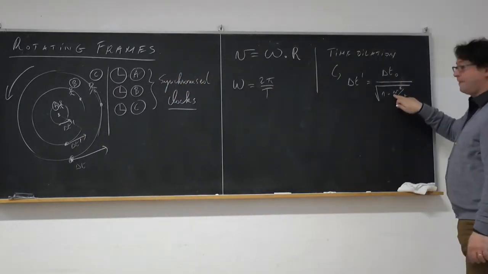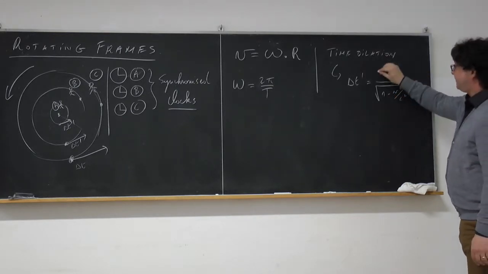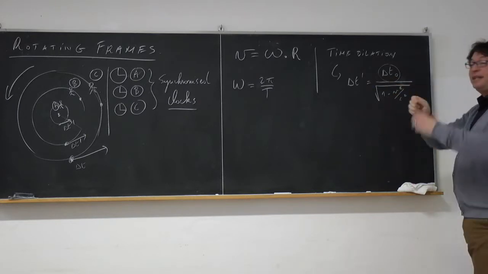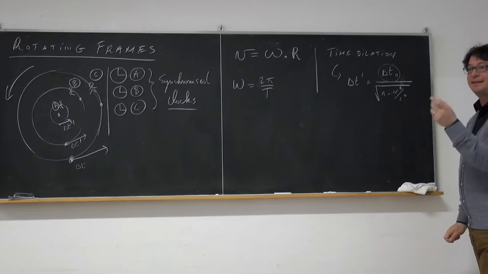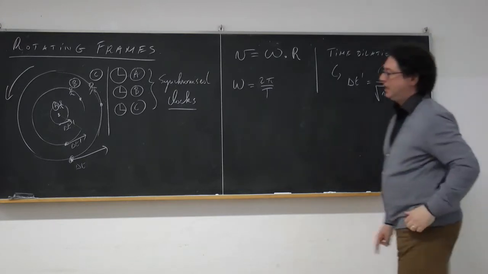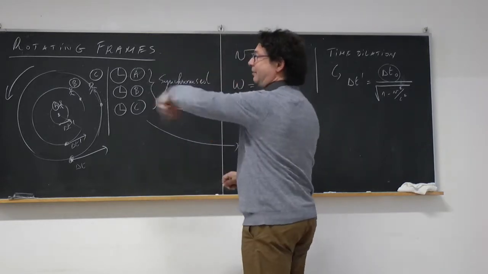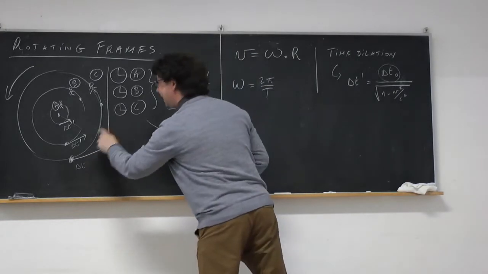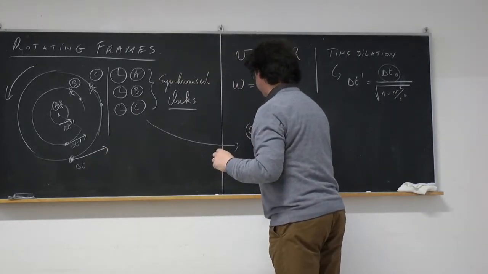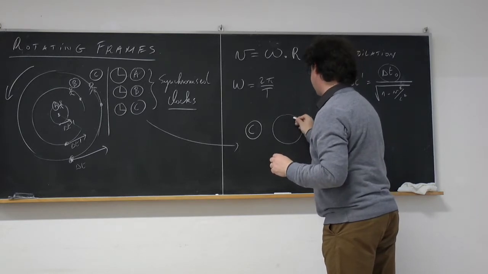If you have a great velocity, given his proper time, the difference will be much, much greater, which means that, effectively, let's imagine that after some time of rotation, for C you have a clock which is like this, saying 5 minutes have passed.